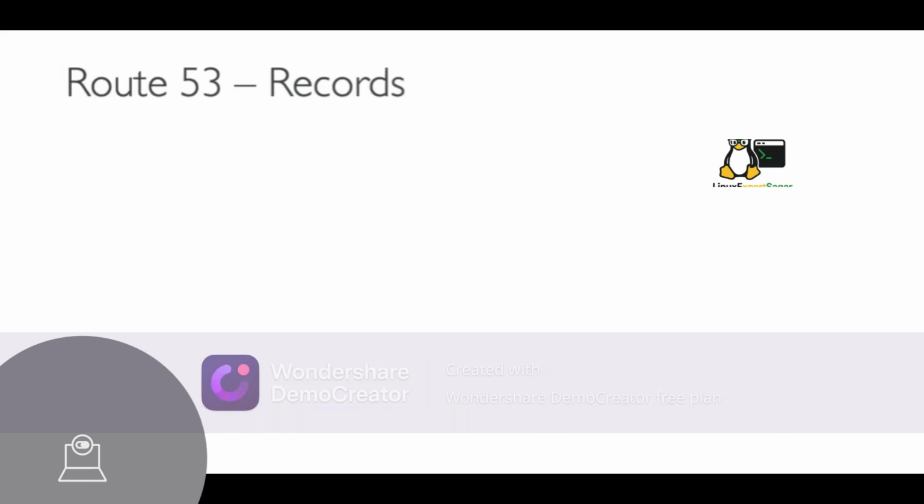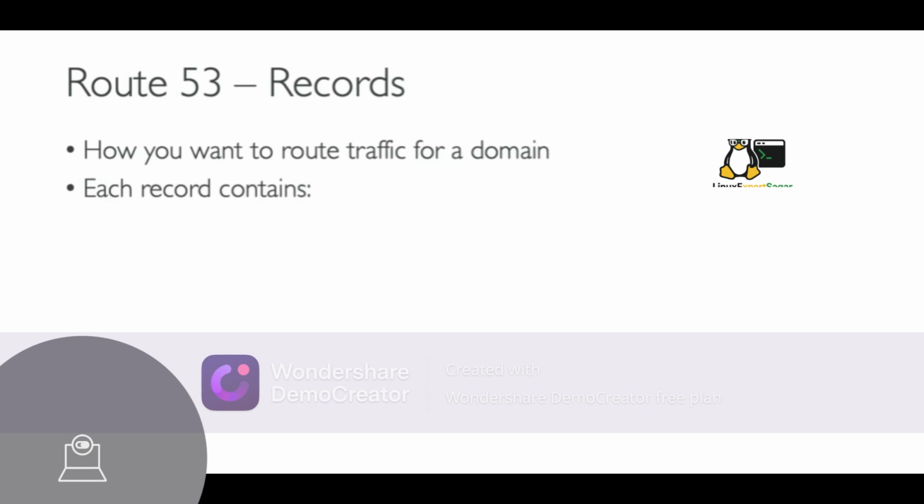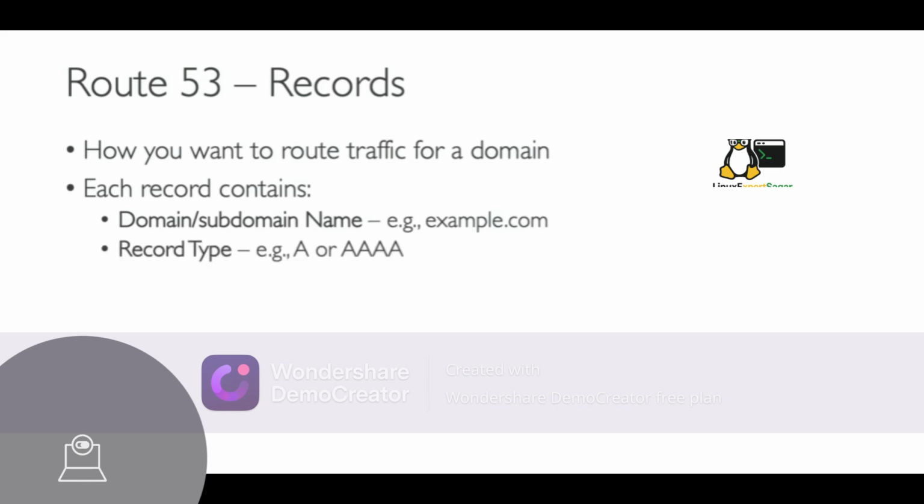In Route 53, you're going to define a bunch of DNS records, and the records define how you want to route traffic to a specific domain. Each record contains a lot of information, such as the domain or subdomain name, for example example.com, and the record type, and we'll see what types of records we have available.